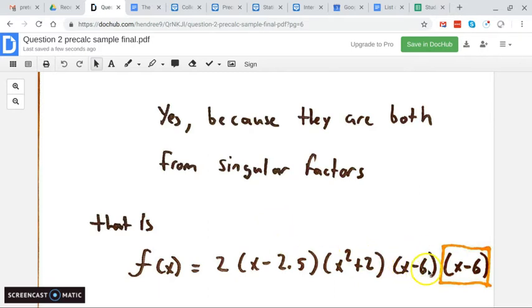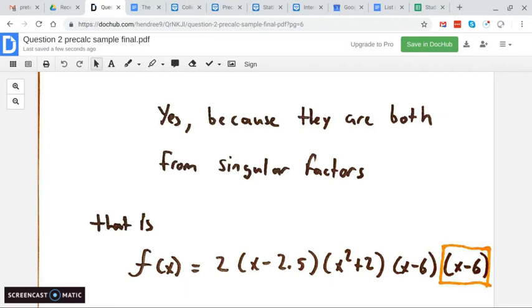Whereas if there's a doubling of the factors, or any even number, like 4 identical factors, the sign wouldn't change. If this is negative as you're approaching 6 from the low side, this one's also negative, so the product stays positive. And then as they cross 6 over to the other side, they both become positive, staying the same sign.